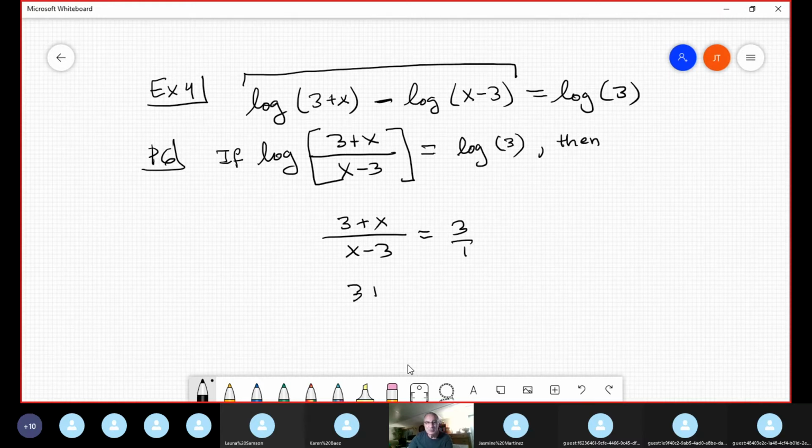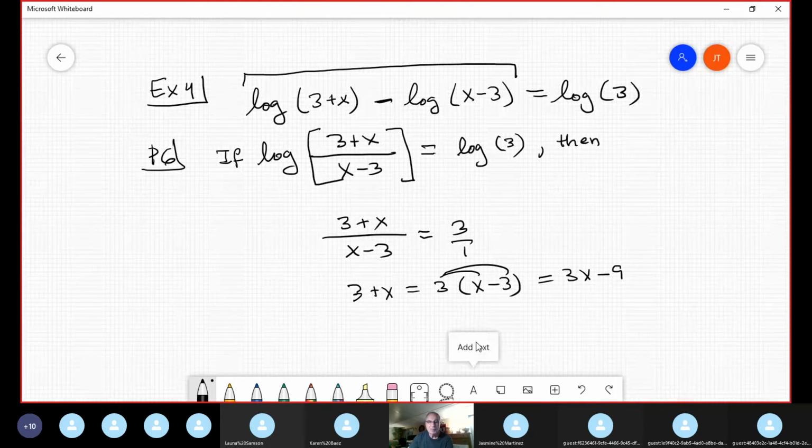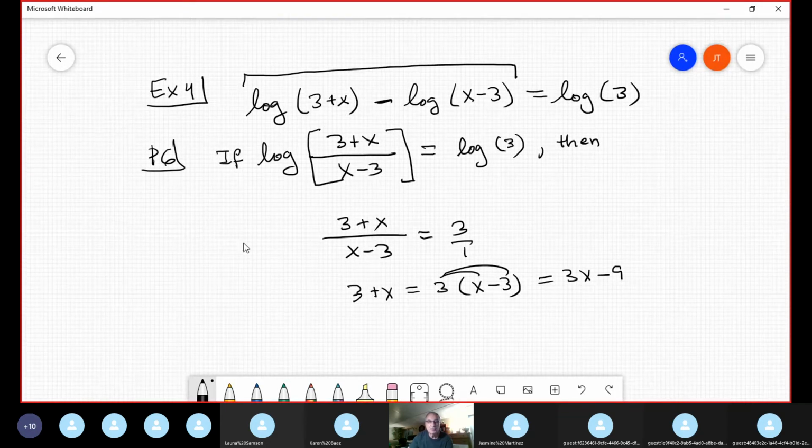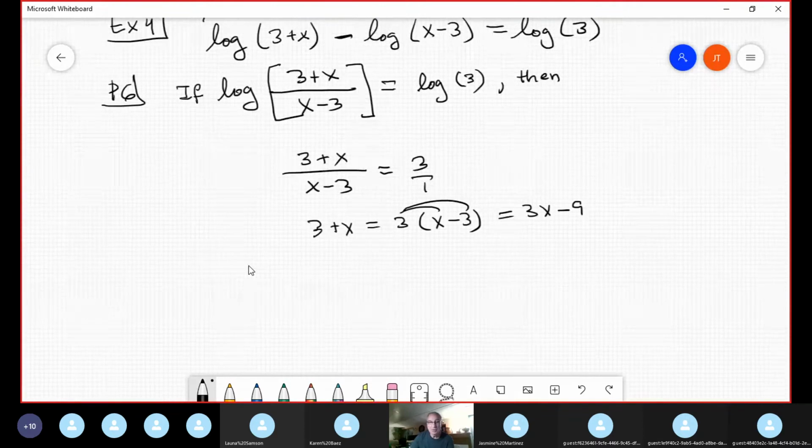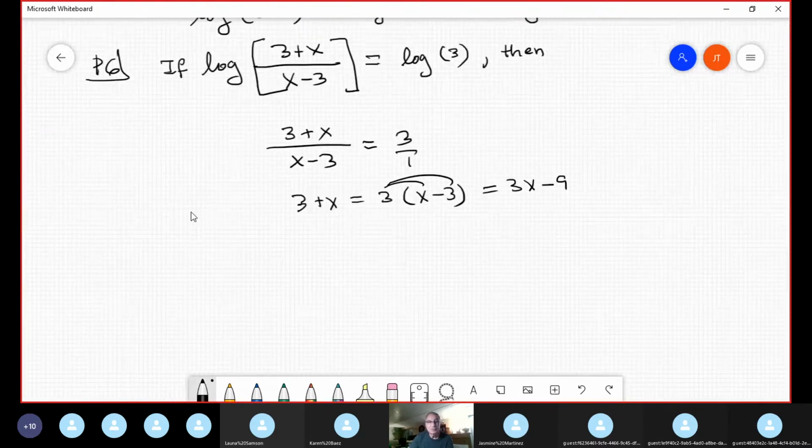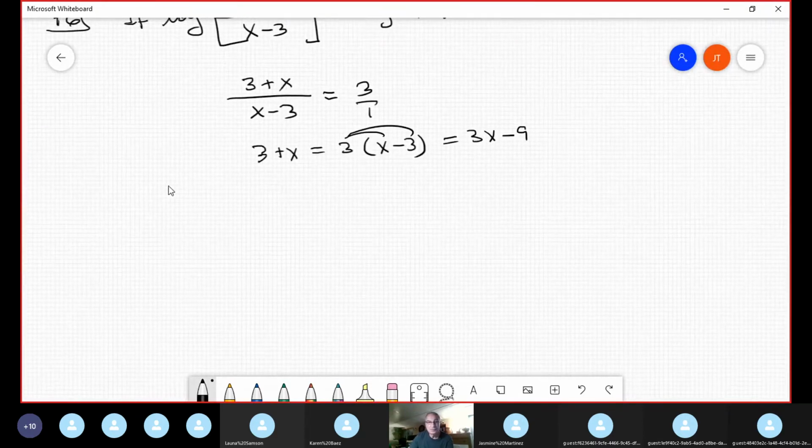3 plus x is equal to 3 times x minus 3. Apply this 3 with the property: 3x minus 9. Solve for x. I propose you now. What's going on? I understand. Okay, look. Suppose 3 stays, plus 9.